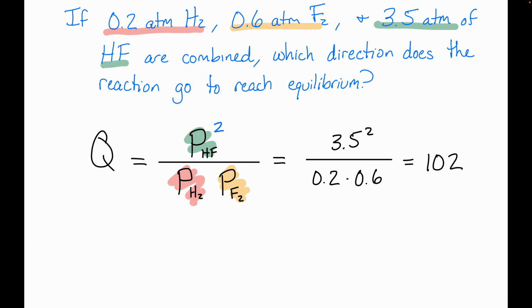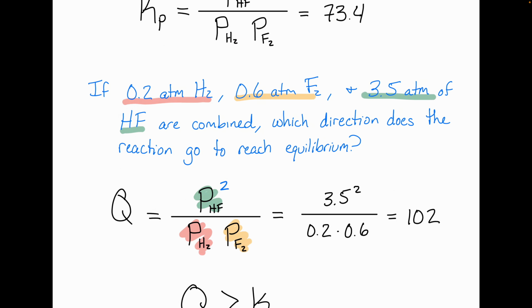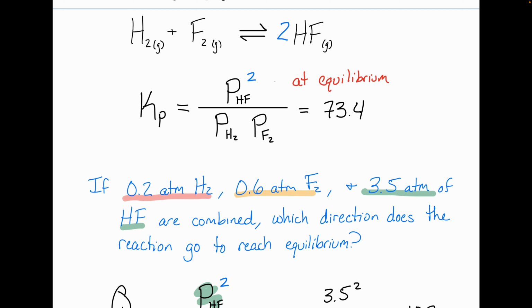Okay, so what would we say? Is this going to go in the forward or the reverse direction here? We have a value of Q that is greater than K, right? So that's when we said we have too many products. So actually this HF pressure is going to decrease as product gets converted back into reactant in order to reach equilibrium.